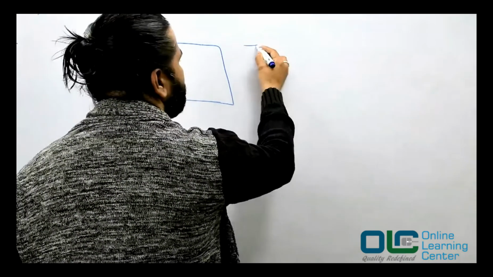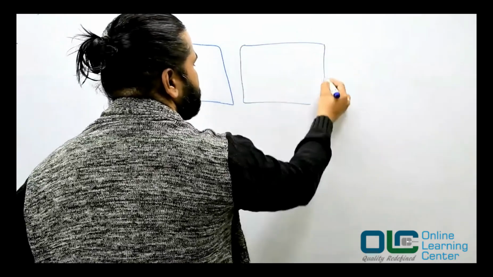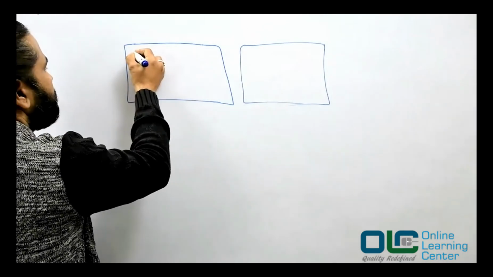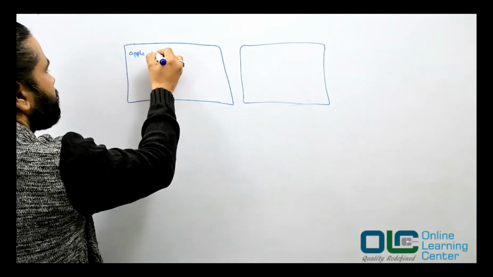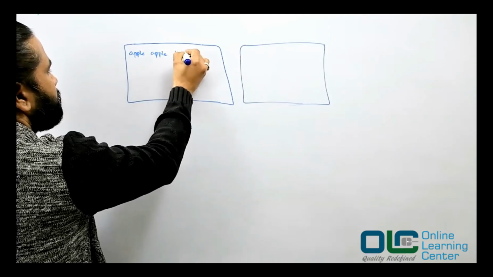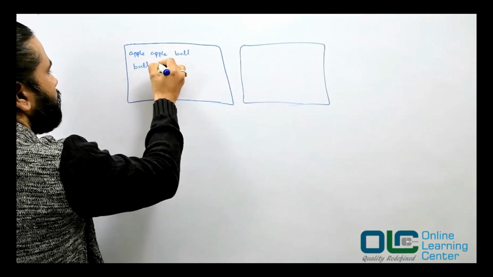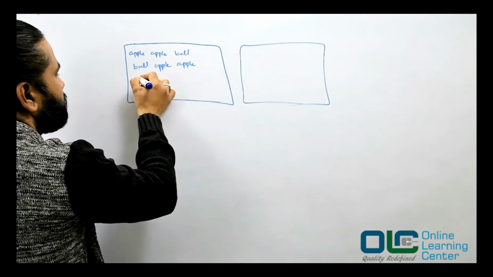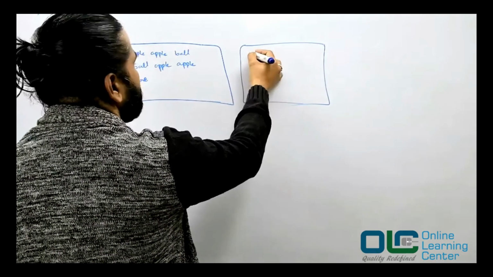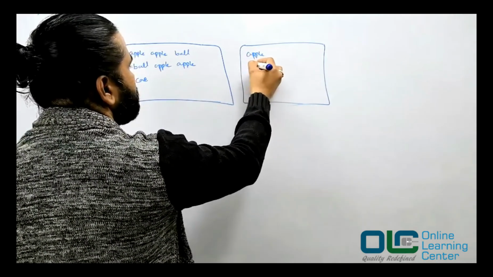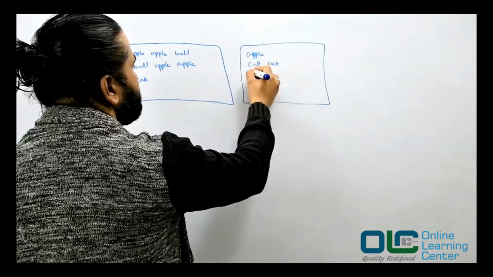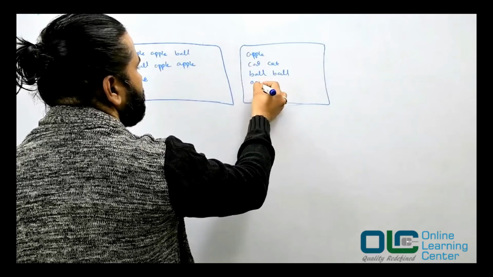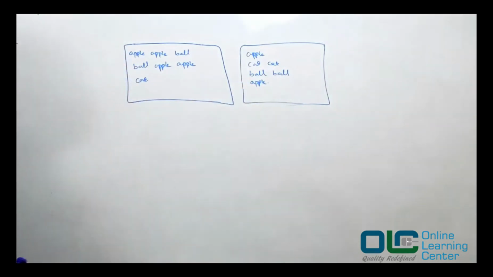Now suppose you have file1.txt, and let's say you have file2.txt. Let's say this file contains words: apple, apple, ball, ball, apple, apple, cat, again apple, cat, cat, ball, ball, apple.